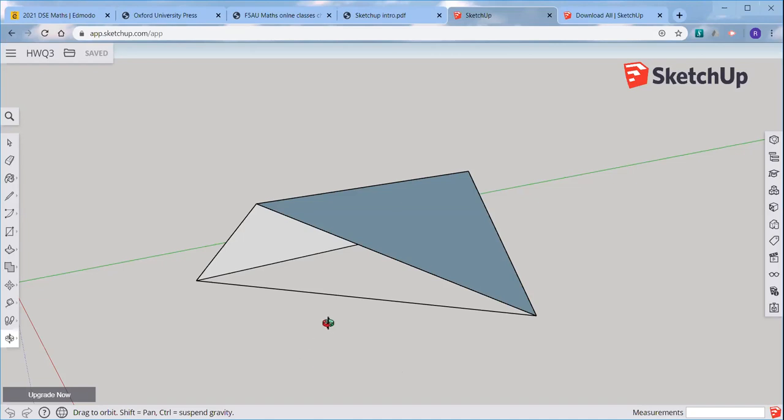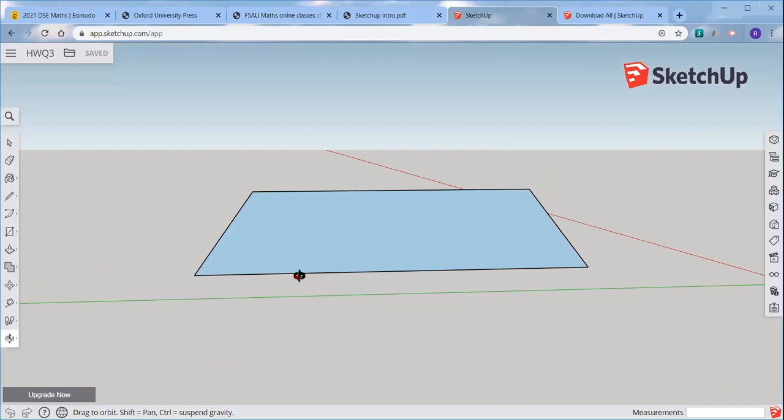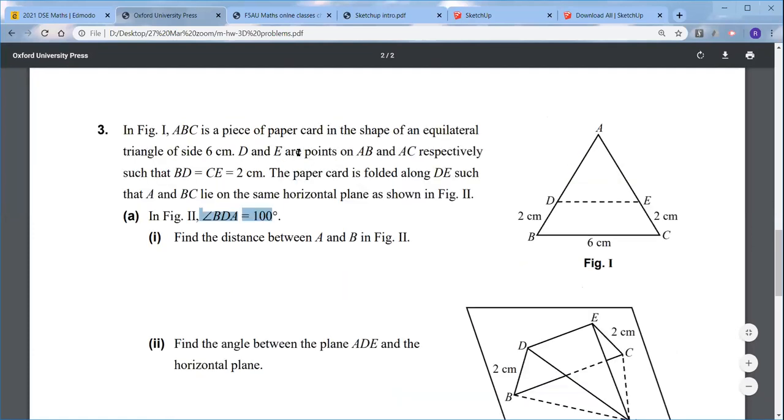And just like question 2, like I mentioned, don't assume right angles, don't assume parallel lines, don't assume straight lines because they look like so. Like this, there are 2 lines here, the base and the top line and the bottom line of the trapezium. Are they parallel? Now we can guarantee they are parallel because it is specified here.